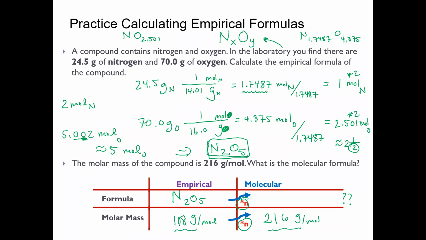And so to go from 108 up to 216, we need to multiply by 2. And so for our formula, we also just need to scale our formula by 2. N4O10.